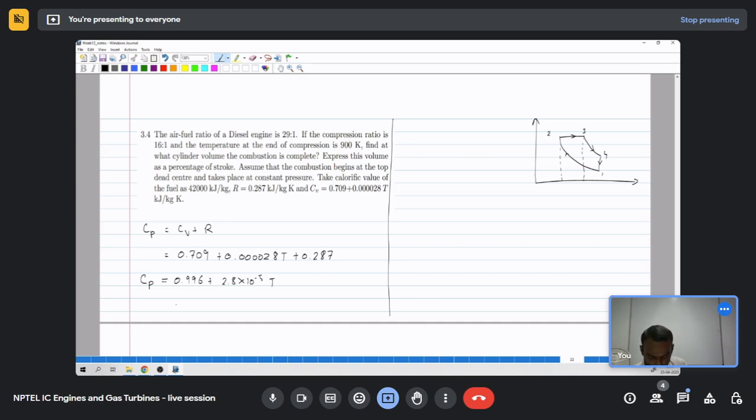Now you know dq is m Cp dT, and Q is the integral from 2 to 3 of m Cp dT. Assuming we solve it per kg of mass, we will have Cp dT.